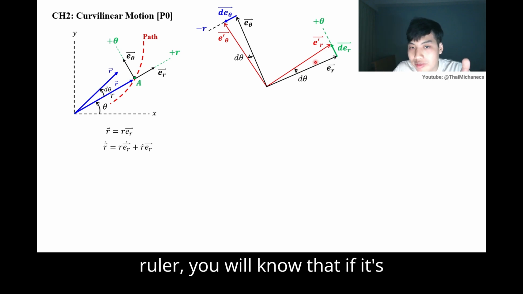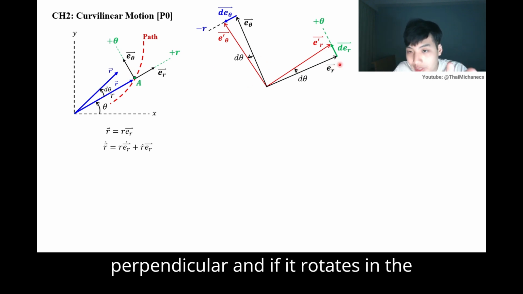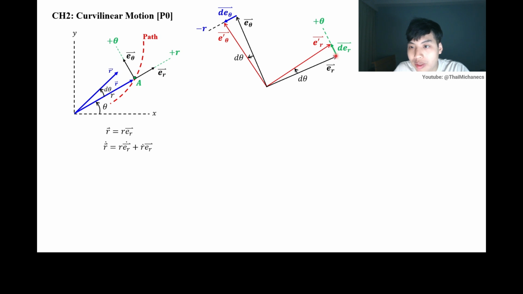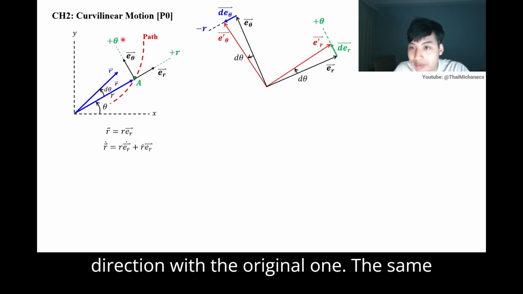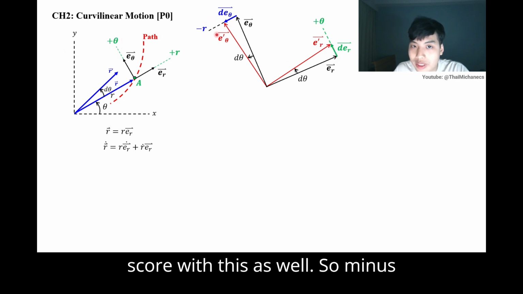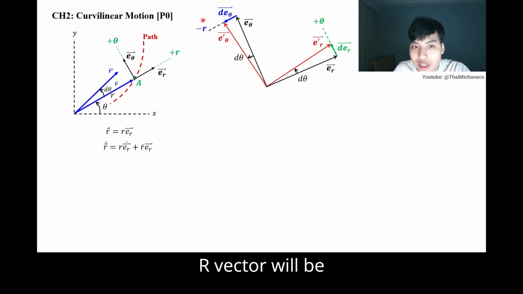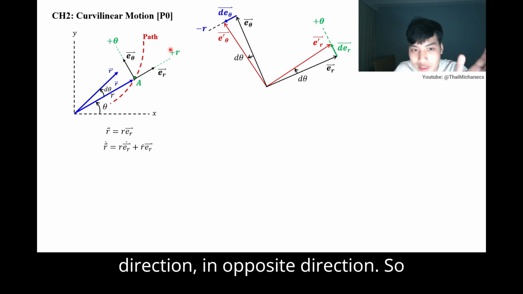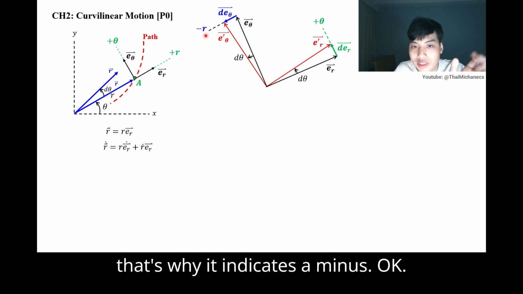You will see that if it's perpendicular and rotates by the same d theta angle, this vector will have a direction parallel to the original one. The same goes for this: minus r will be parallel with positive r, but in the opposite direction. That's why it indicates a minus.